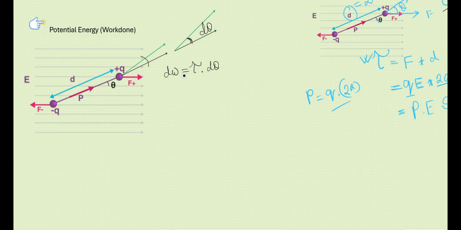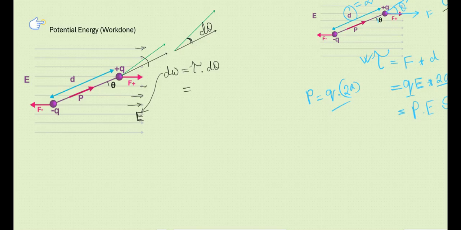And obviously the small amount of work is done due to the external agent. So these lines actually represent the external agent. Here the external agent is nothing but an external electric field placed within this region. So this work done is actually experienced due to this external electric field.